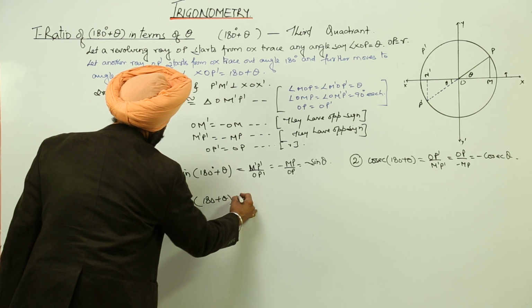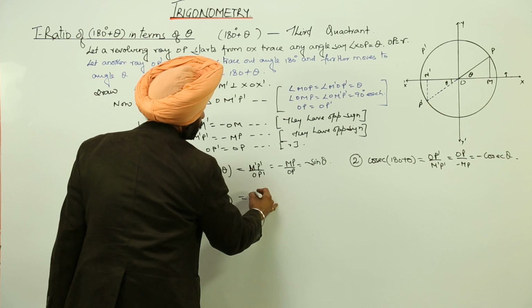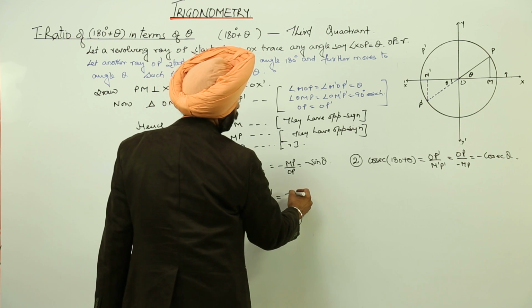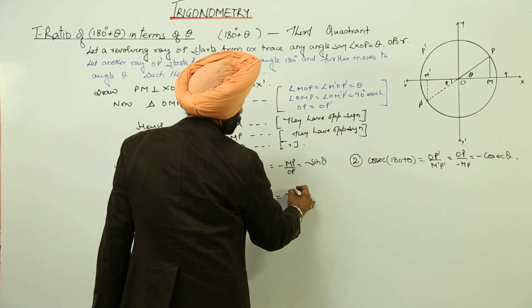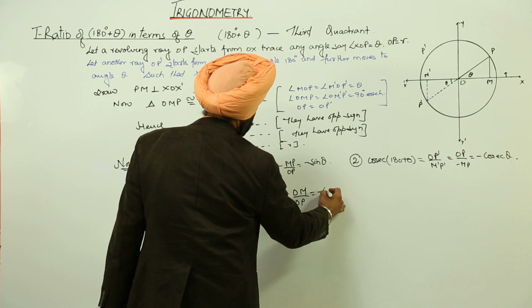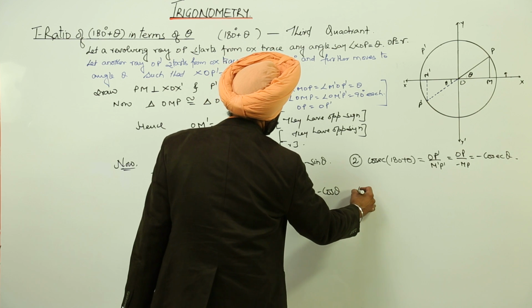Number 3, cos 180 plus theta. Now this becomes OM dash upon OP dash, negative of OM upon OP, which is equal to negative of cos theta.